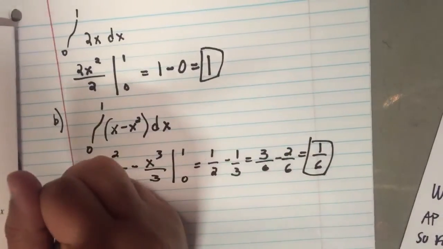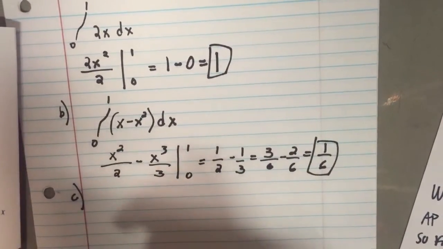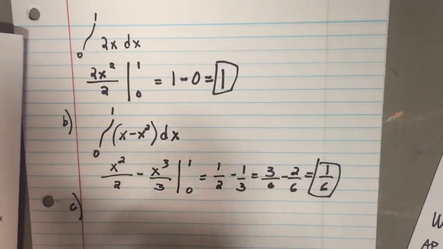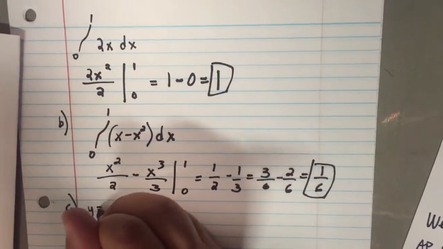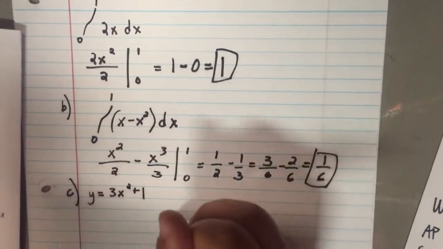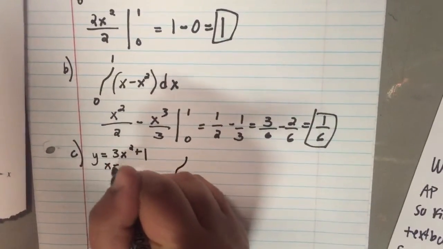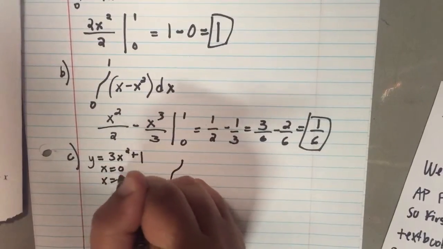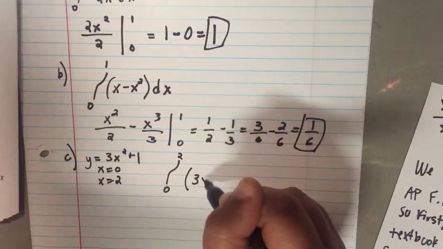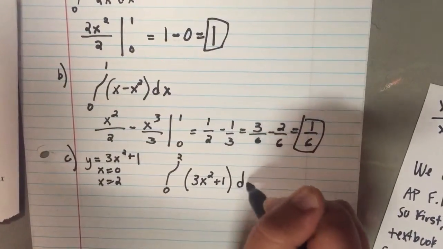And then for the third problem, we have find the area of the region bounded by the graphs of the equations. We have y equals 3x squared plus 1. So we would integrate it, and it tells you x equals 0 and x equals 2. So it's from 0 to 2, 3x squared plus 1 dx.